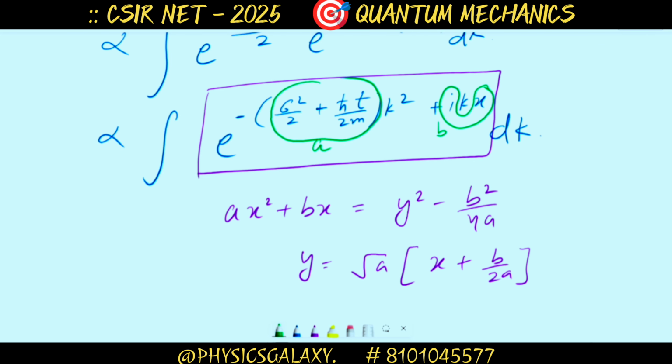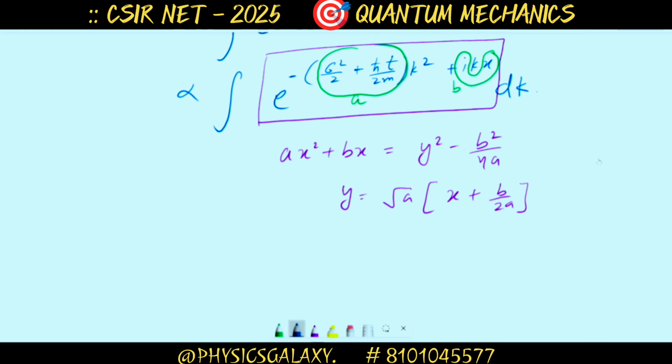So it will be proportional to the integral of e to the power y square, and whatever we have for y, and then e to the power minus b square by 4a, dk.